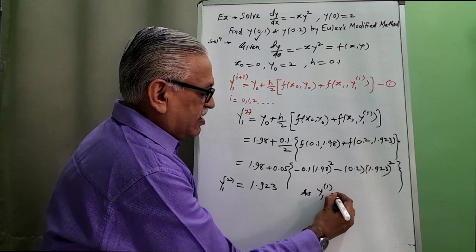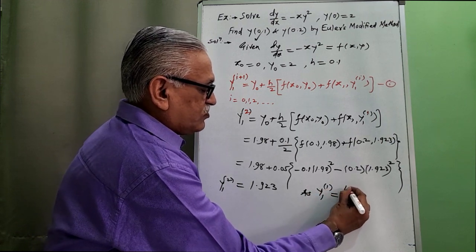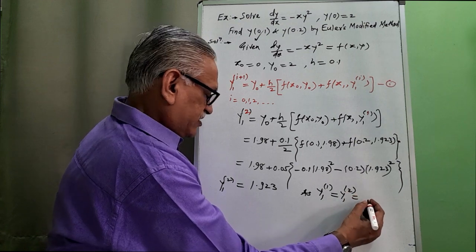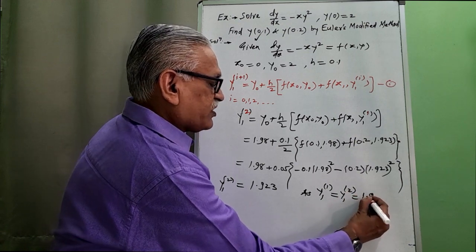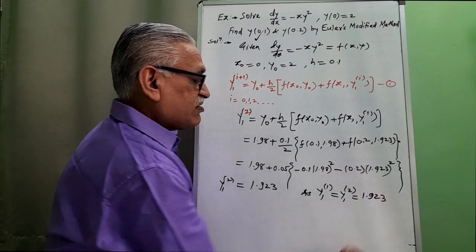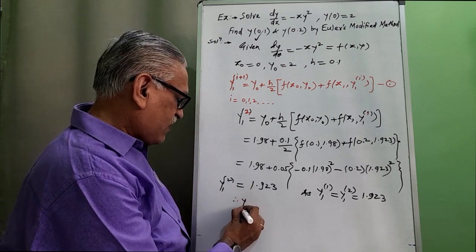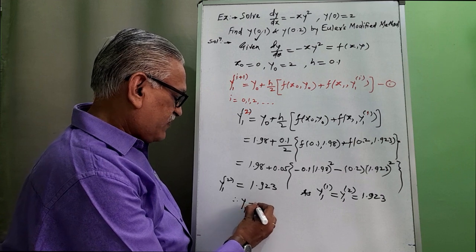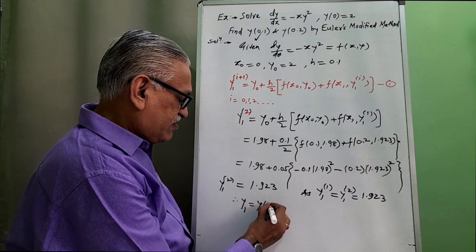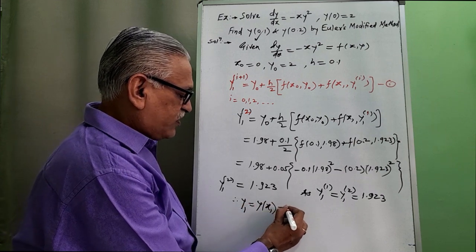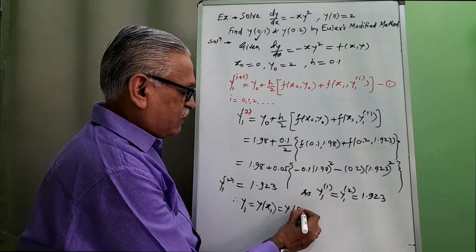As y1 superscript 1 and y1 superscript 2 are equal, that is 1.923, we stop the iterative procedure, and therefore we have y1, meaning y at x1, and x1 is 0.2.